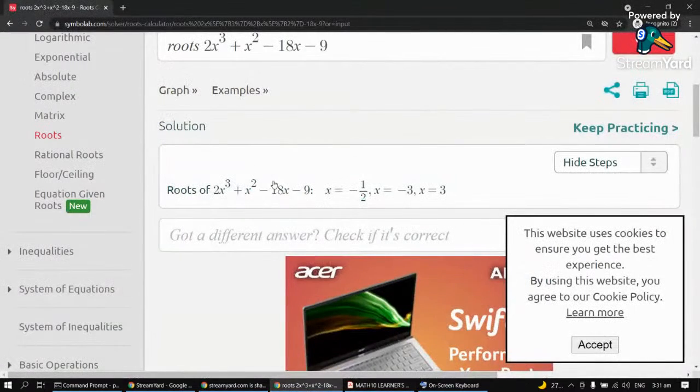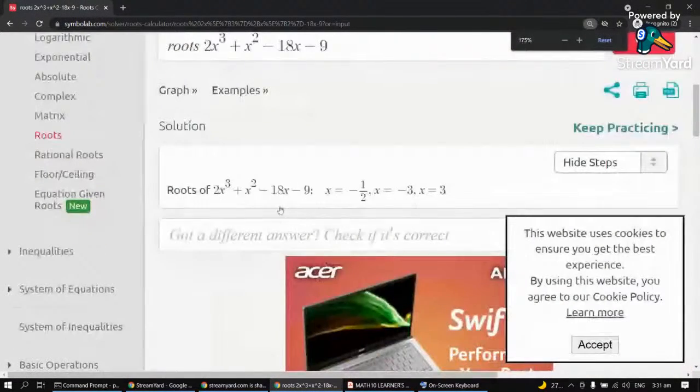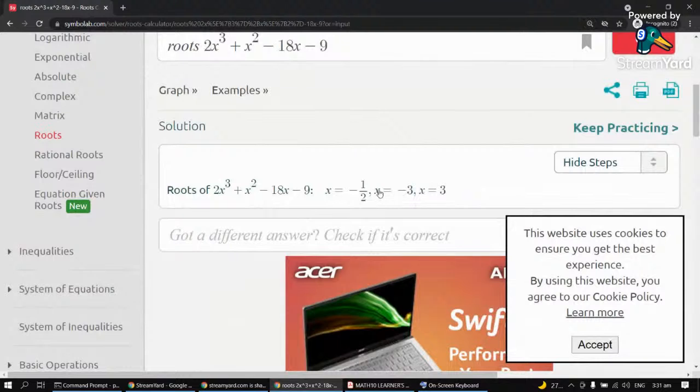So kagaya nito, nung kinompute natin, nagkaroon tayo ng tatlong solution.